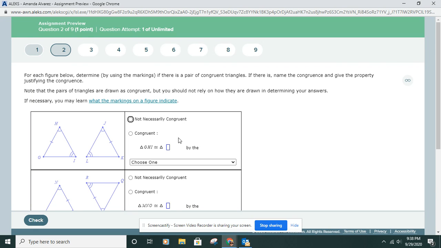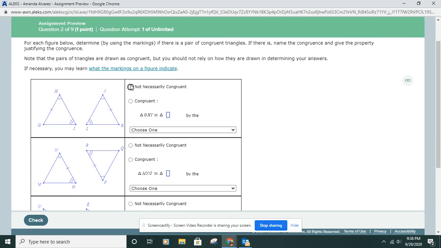This is the one where you have to click if they're congruent or not necessarily congruent. I went through this in class, but I'll just show you one just to make sure you've got it. This is a good one, I think. Looking at this, I see an angle and an angle with 2 marks, and then the angle with the 1 mark and the 1 mark, and the one side and the one side.